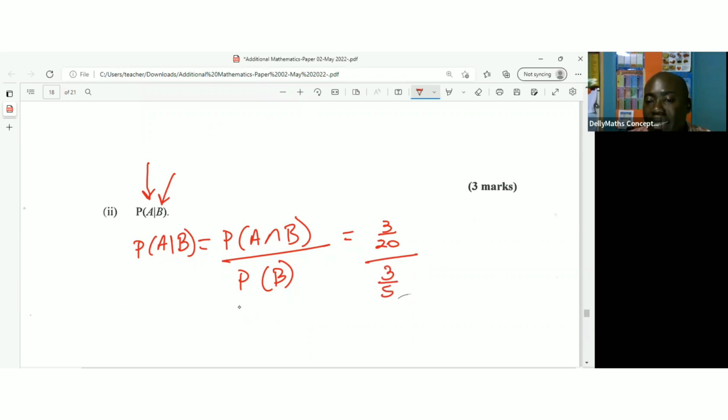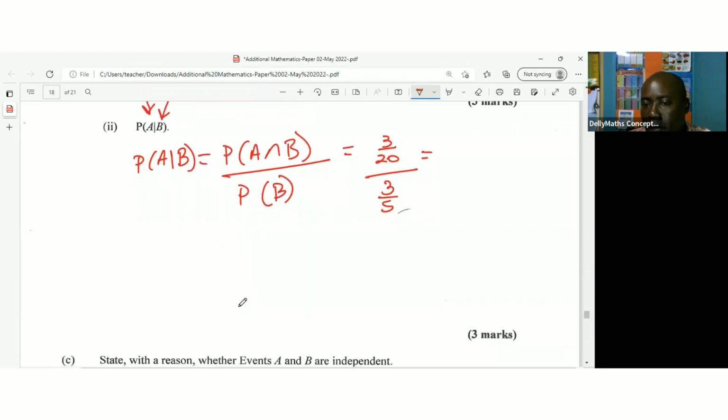All right, so basically, this can be looked at various ways. Let us say we want to look at this from this angle. We're talking about 3/20 divided by 3/5, which really means 3/20 multiplied by 5/3.